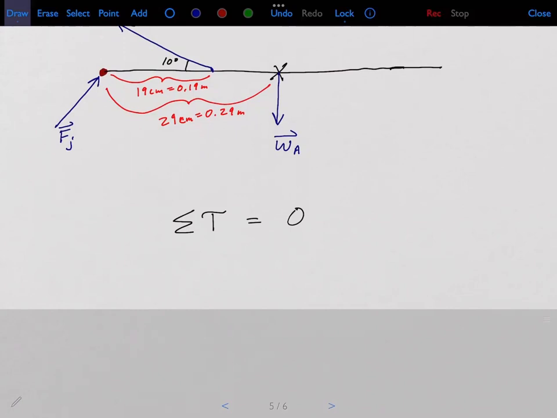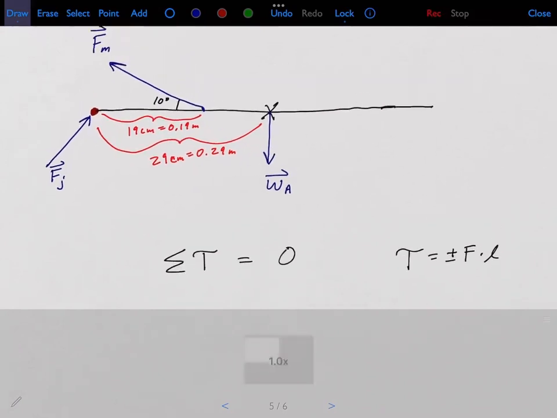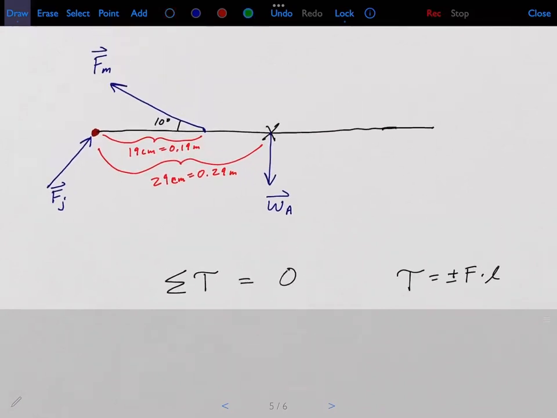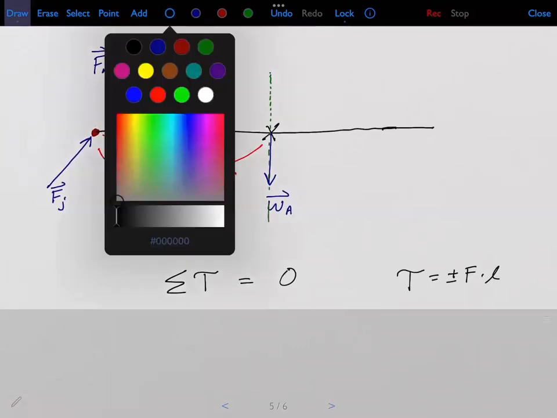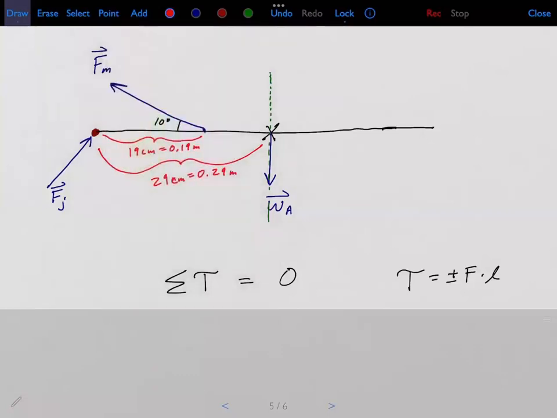Okay. So in order to calculate torques, remember torque is equal to plus or minus a force times the moment arm. We need to figure out all the moment arms. Well, the weight of the arm, this one's easy, because this is the line of action of that force because it acts straight down. So the perpendicular distance from the line of action of the force to the axis of rotation is just this distance.